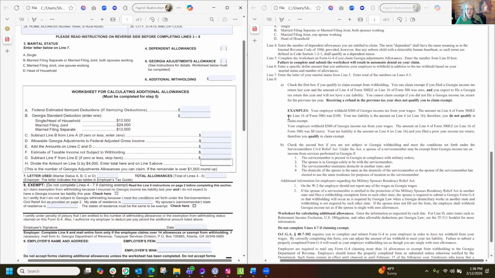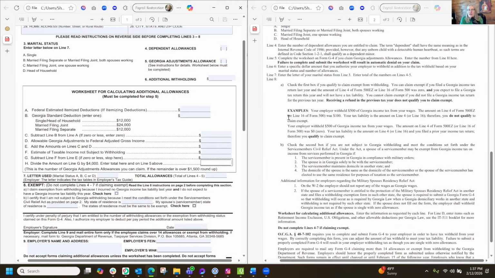So if you need a total of $600 and you get paid twice a month, the additional withholding amount that you'll enter is going to be $50, because that is the amount that you'll have withheld on each of your payrolls.